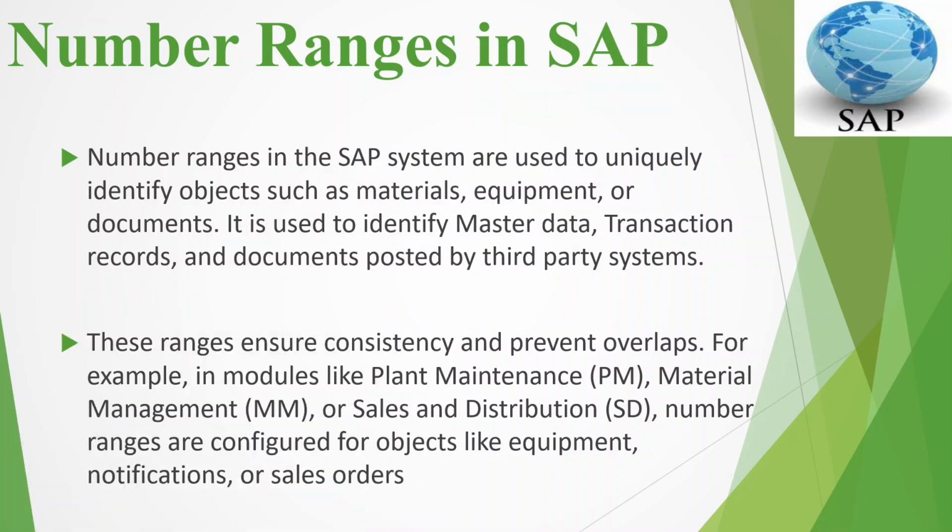So what is a number range? Number ranges in the SAP system are used to uniquely identify objects such as materials, equipments, or any kind of documents. Remember, the document need not be related to only one module. It can be related to any module.